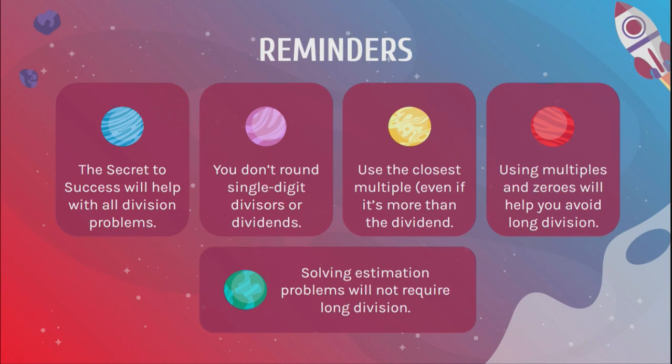If we just find a compatible number and turn everything else to zeros, you should not have to do any long division. No dividing, no multiplying, no subtracting, no bringing down. It should be nice and simple. It should be as much work as you saw in my examples. There's nothing underneath the problem. It's just the answer. Solving estimation problems will not require long division, which I just stressed. So I've now said it twice.